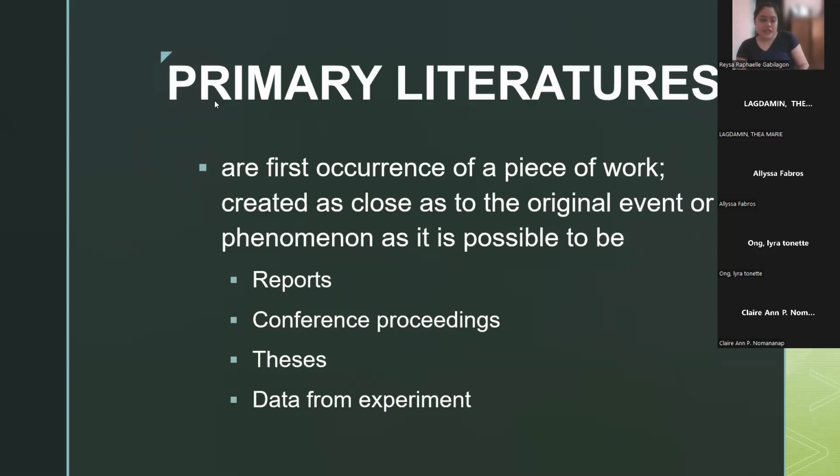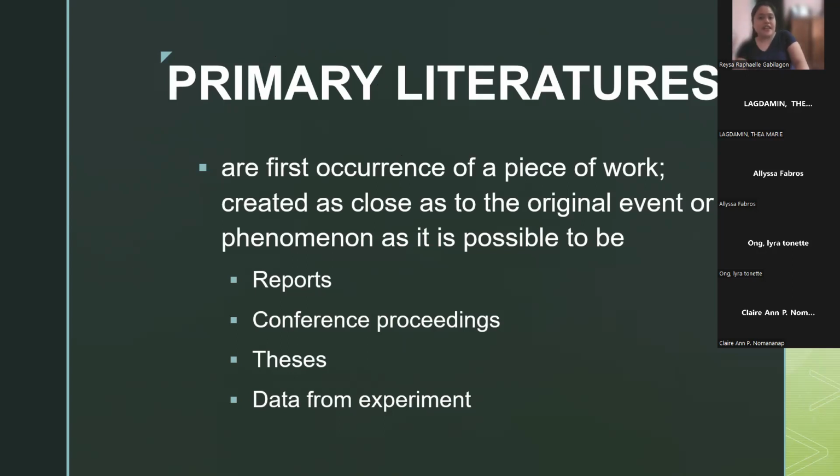So, meron tayong tinatawag na primary literature. Ito yung parang original piece of work or yung first occurrence of piece of work. Sila yung original talaga na nag-conduct ng study na ito. Sila yung original na nag-survey, nag-conduct ng observation. Okay?